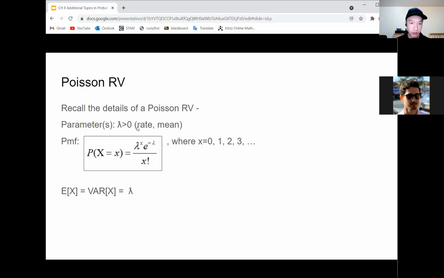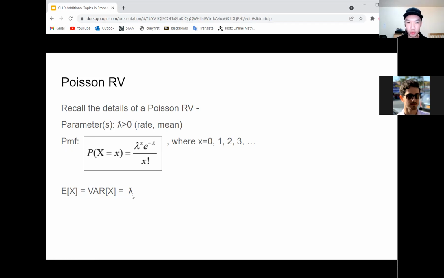The random variable has the following probability mass function: lambda to the x, e to the negative lambda, over x factorial, where x is 0, 1, 2, 3, and so on. The expected value as well as the variance are both equal to lambda, which is pretty convenient.